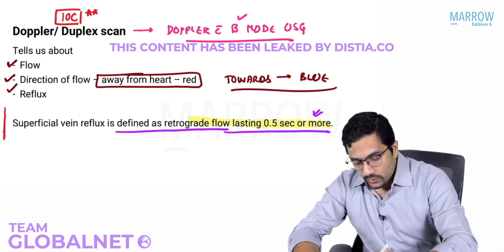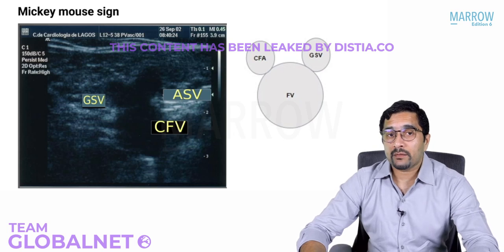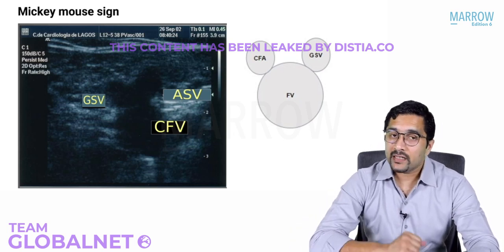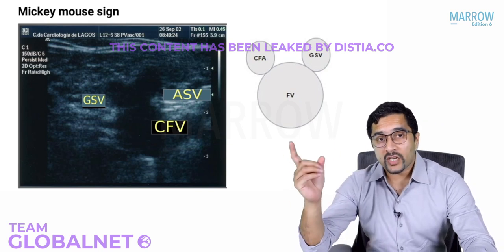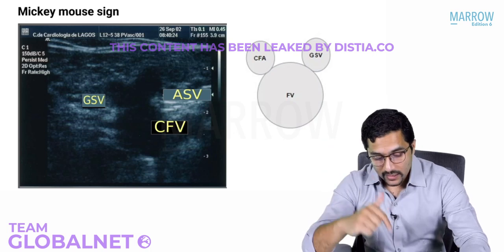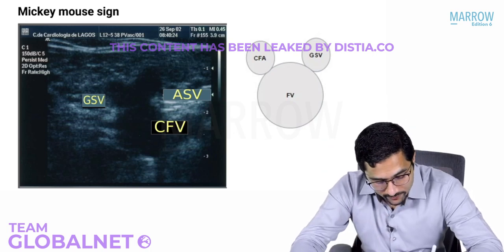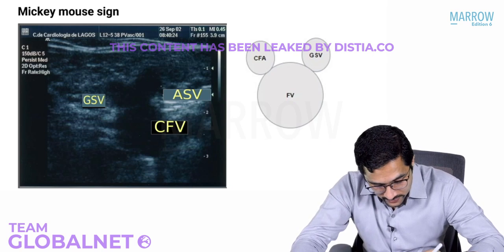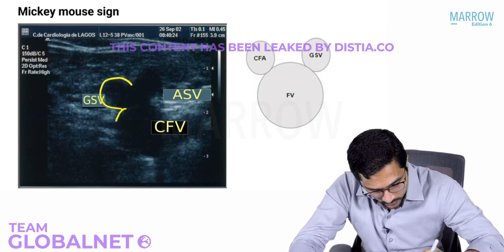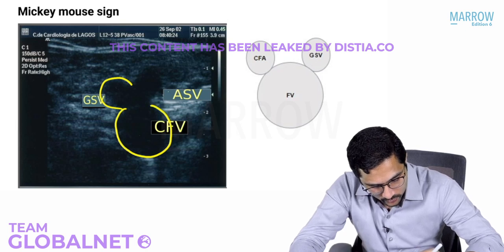Another point which I want you to know, when we do this duplex scan, we get a Mickey Mouse sign. Where else did we talk about Mickey Mouse sign? Correct. The portal triad, right? In liver, I told you, there also we can get a Mickey Mouse sign. Here also we get a Mickey Mouse sign, where we will get the great saphenous vein, the femoral vein, and the common femoral artery.